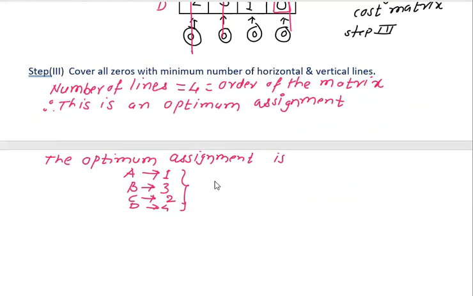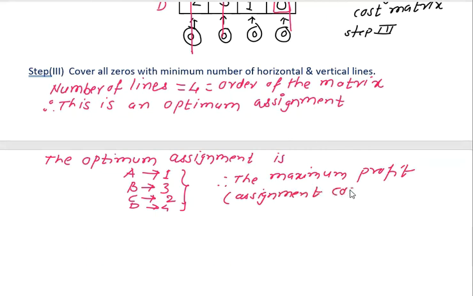Now we write the optimum assignment cost. In this problem, this is a maximization case, so we will get the maximum assignment cost, that is, profit, by the Hungarian method.